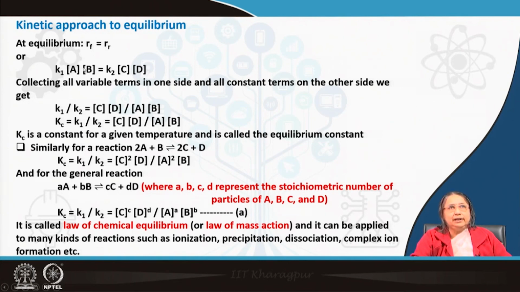Then K1 into the concentration of A into the concentration of B is the same as K2 into the concentration of C into the concentration of D. Always remember that the rate constant is represented by a small k, and the equilibrium constant is always represented by a capital K.